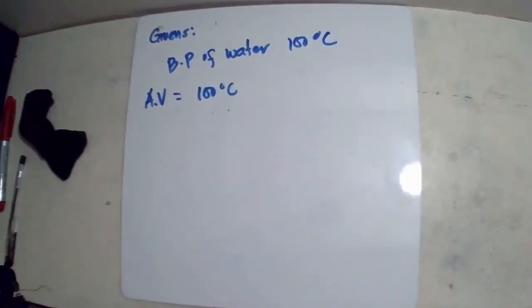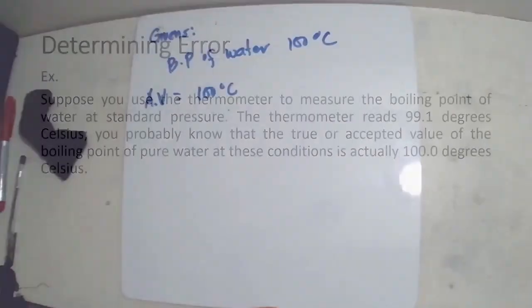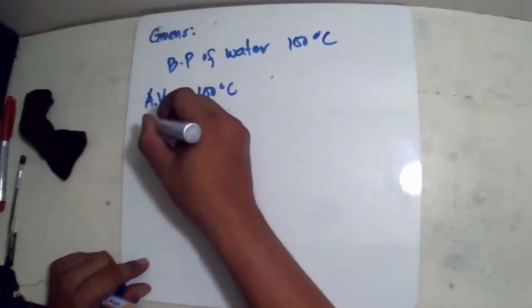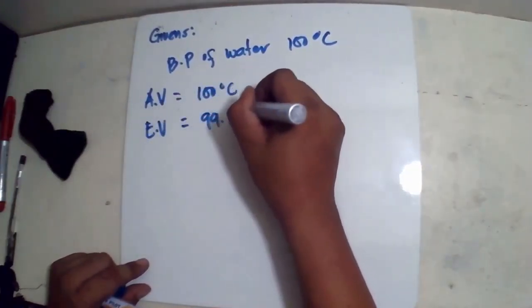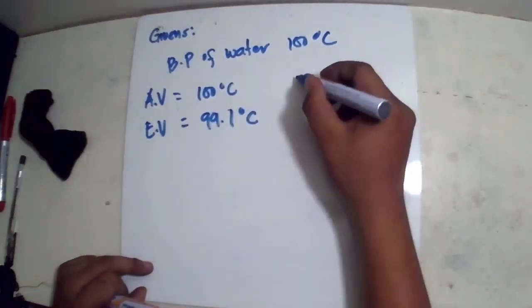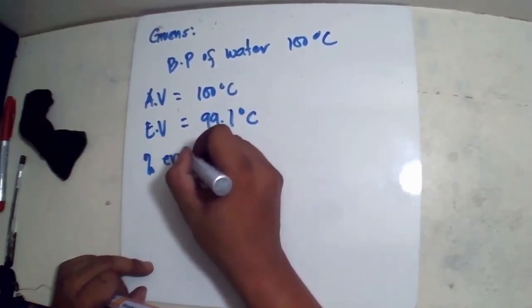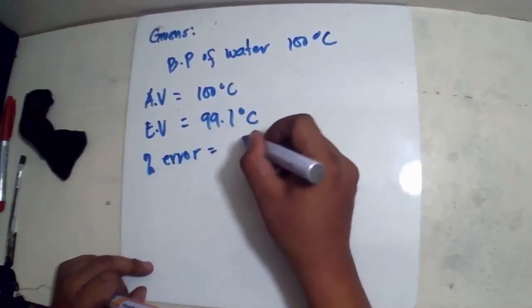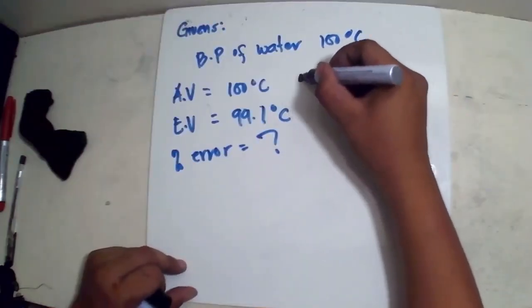And the experimental value, according to the statement here, is 99.1 degrees Celsius. What is the percent error?